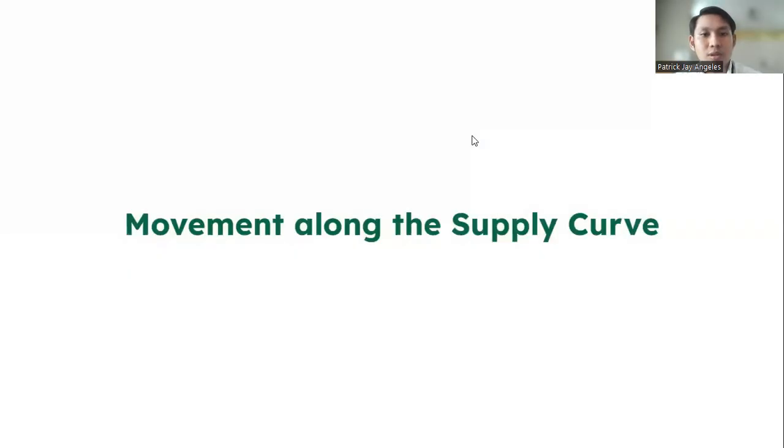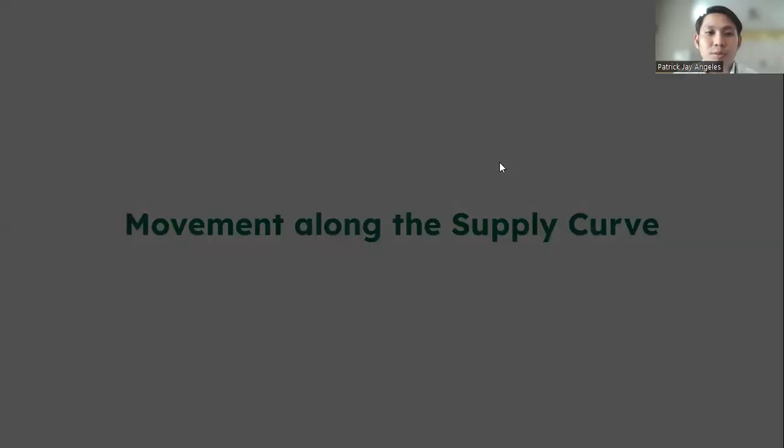Let's talk about the first way the supply curve changes. It is what you call the movement along the supply curve. Movement along the supply curve is directly affected by the price and the quantity supplied.